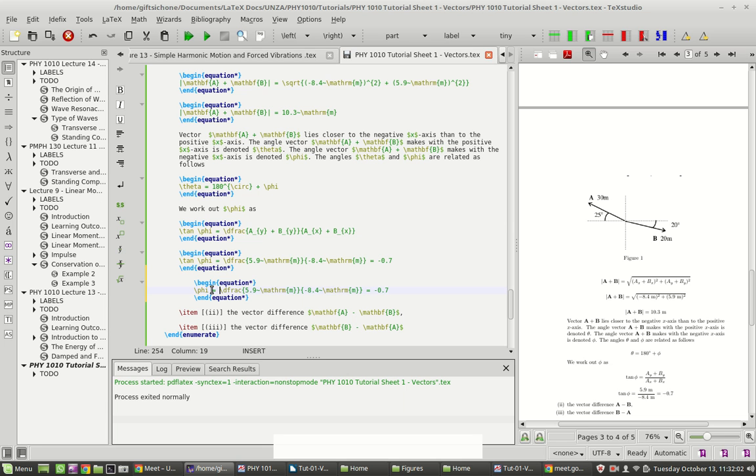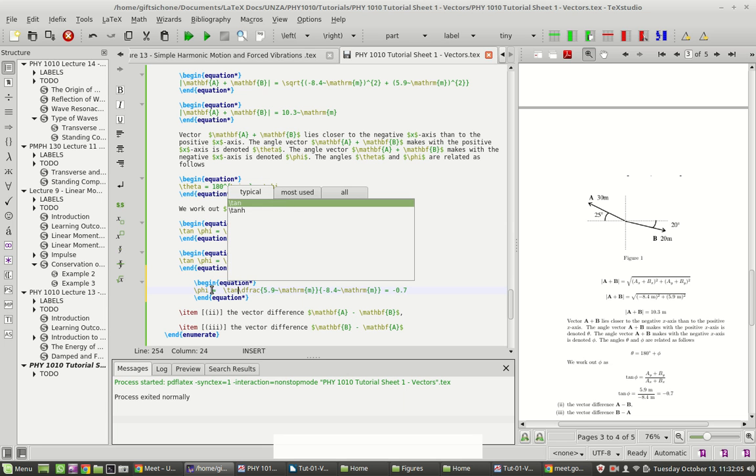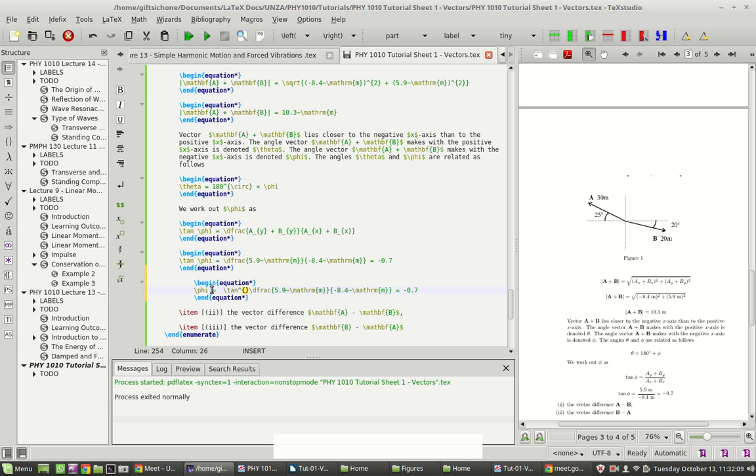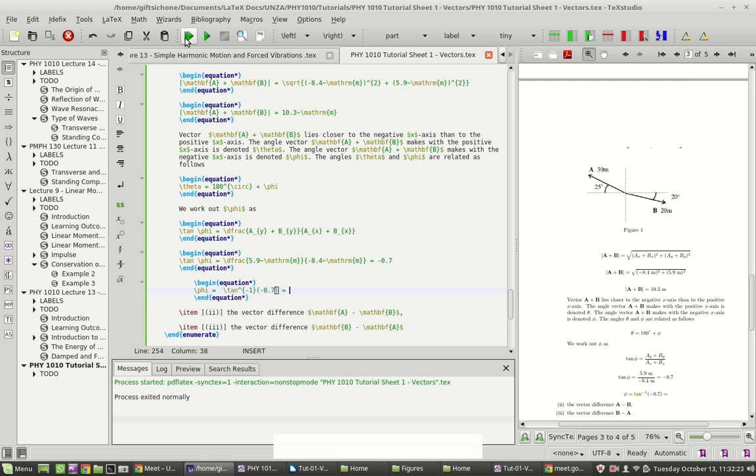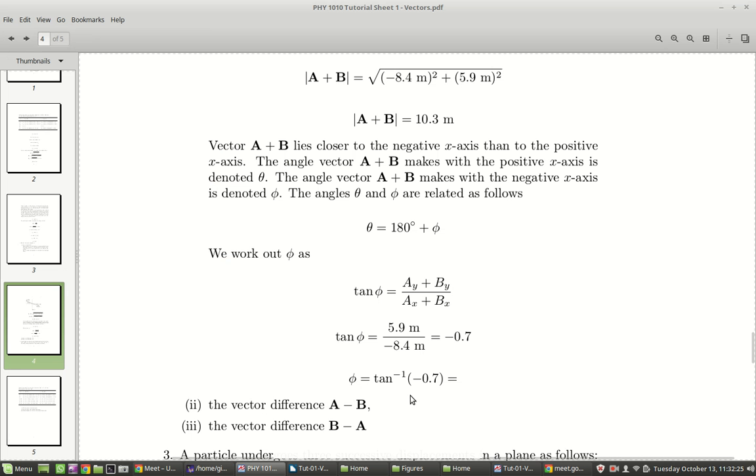Phi is going to be equal to tan inverse of negative 0.7. How much is that?